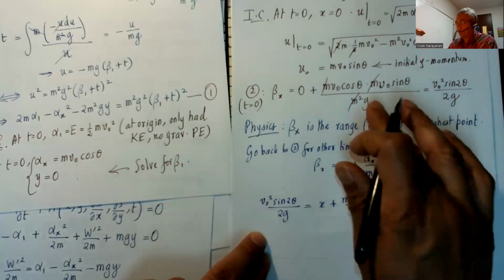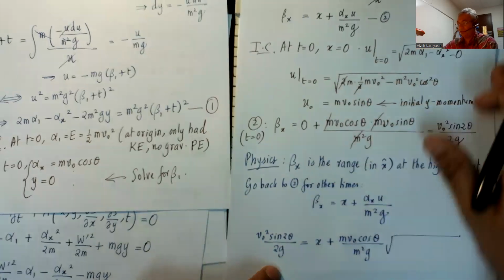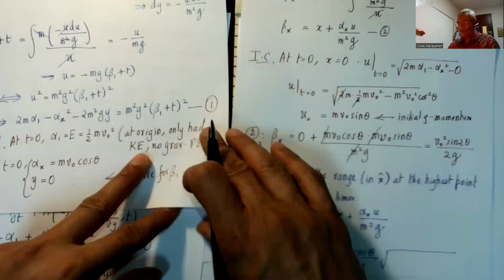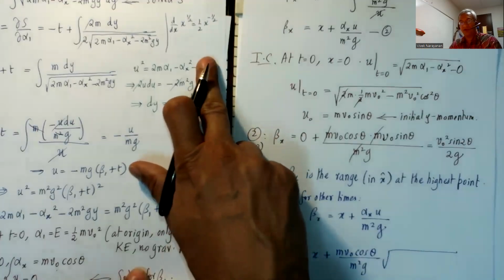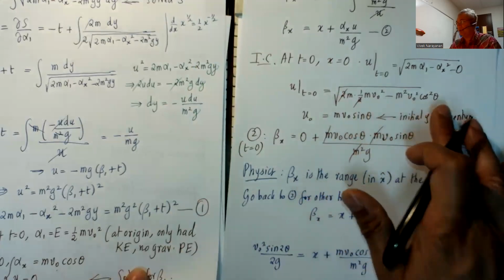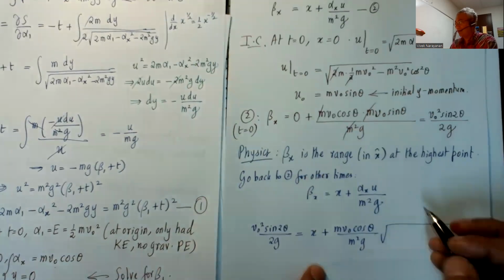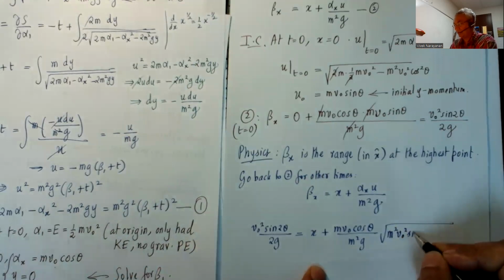In that square root thing, the first term is going to be just m squared v naught squared sine squared theta. So that I'm going to write for free. I'm not going to keep doing that computation each time.